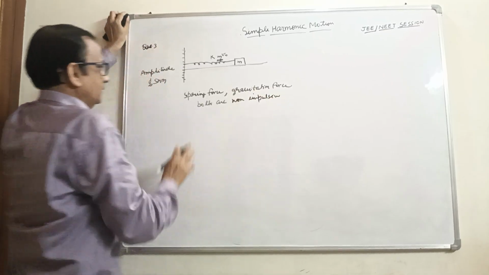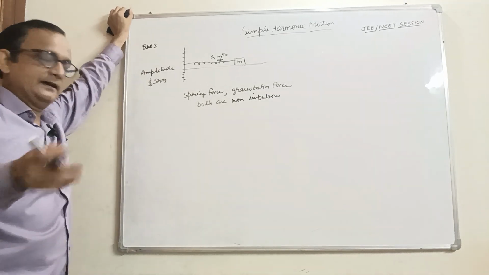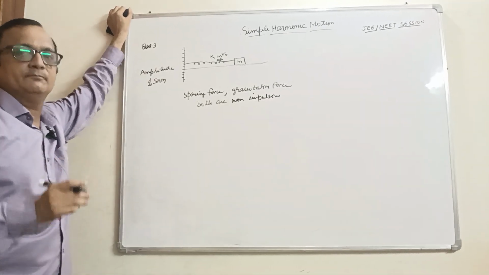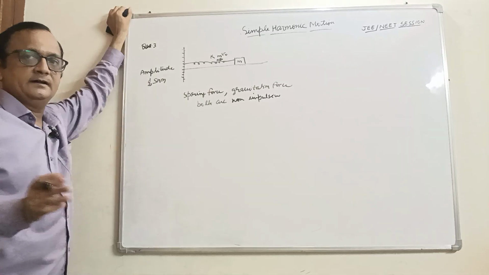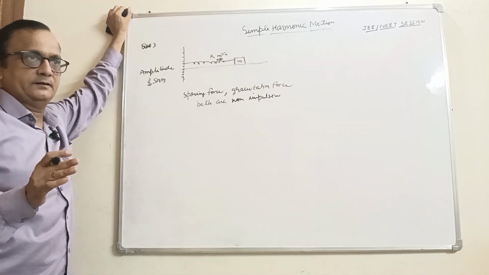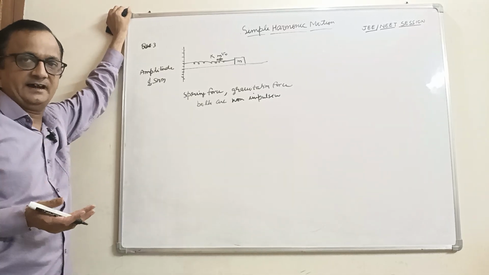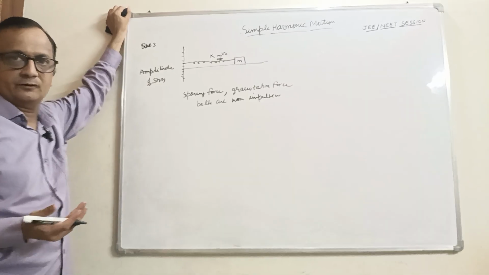Because we understand what is meant by an impulsive force. The process of hammering is impulsive. When a car meets with an accident, this process is also impulsive.